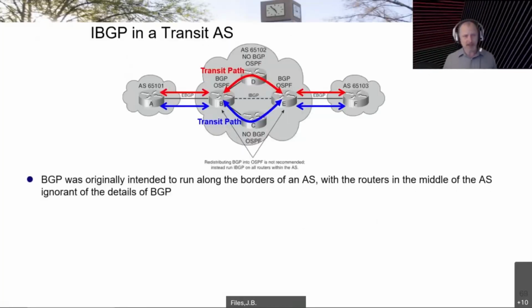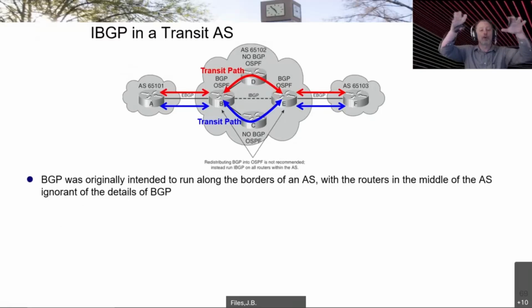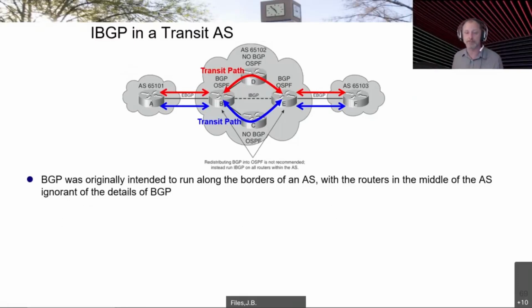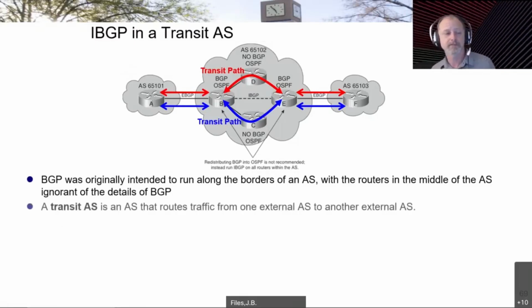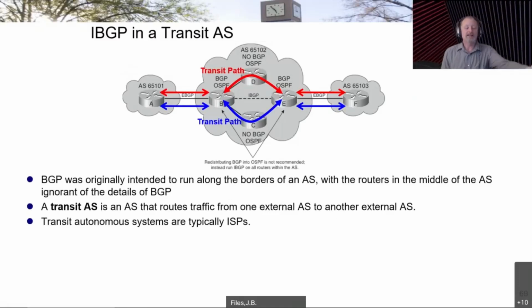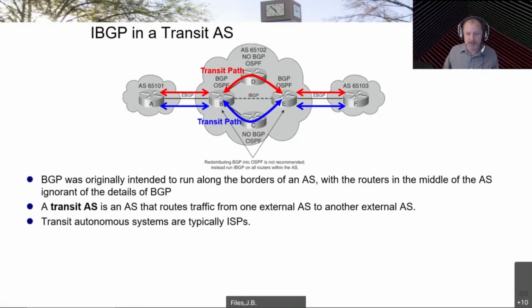So BGP was originally designed to run along the border of an autonomous system, with the interior being totally unaware of that. And that has implications for a transit autonomous system, which are usually service providers.